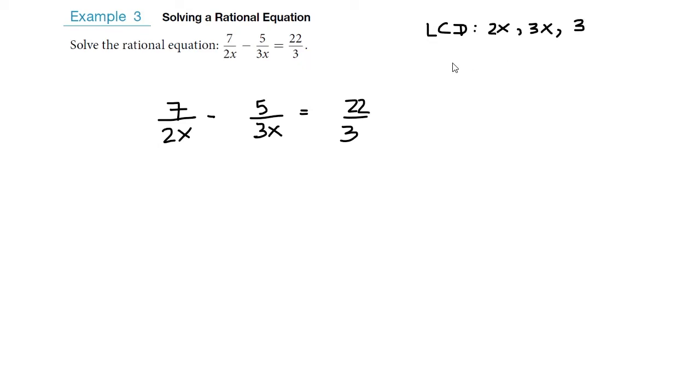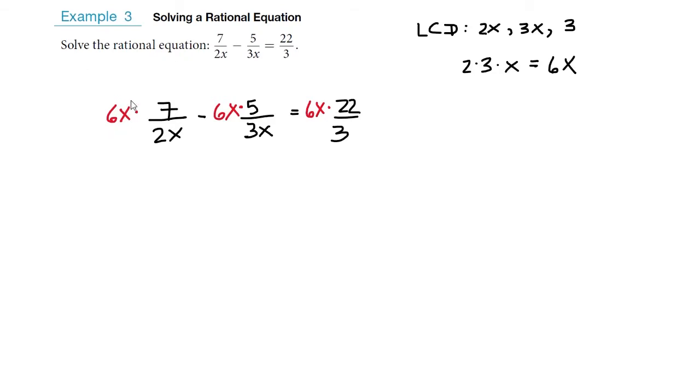So the factors there are 2 and 3 and x, so the least common denominator is 6x. So we're going to multiply both sides of this equation by the least common denominator. So 6x times 7 divided by 2x, minus 6x times 5 divided by 3x, equals 6x multiplied by 22/3.